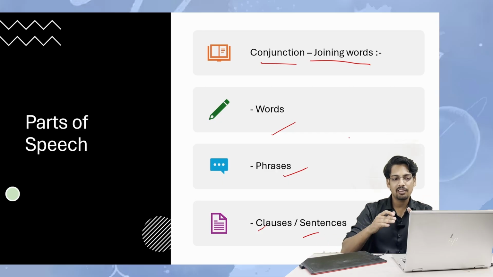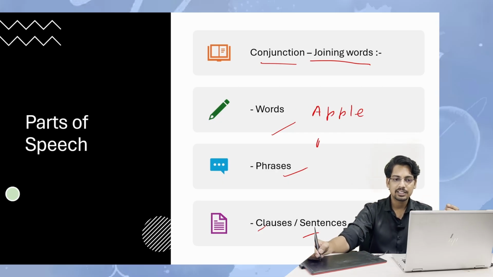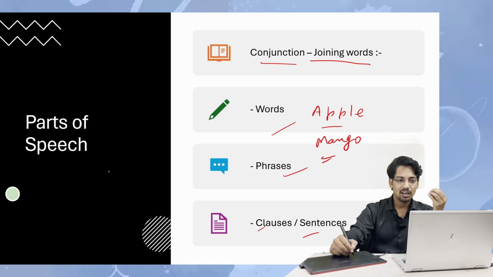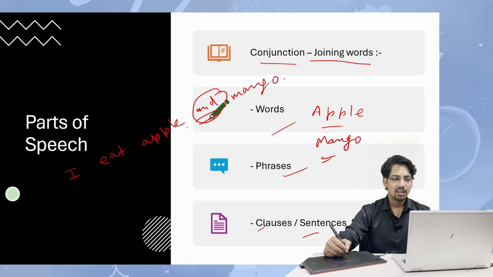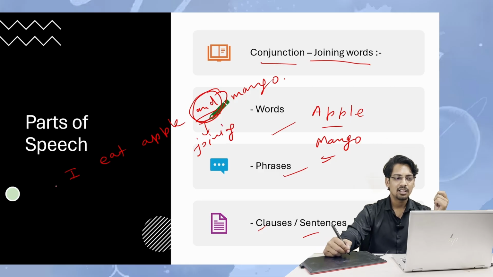For example, if I give you two words like apple and the second word is mango, and I ask you how do you make the sentence, let me make it for you. I eat apple and mango. In this example, apple and mango are joined by and, this is called the joining word. That's called the conjunction. Let's take another example.